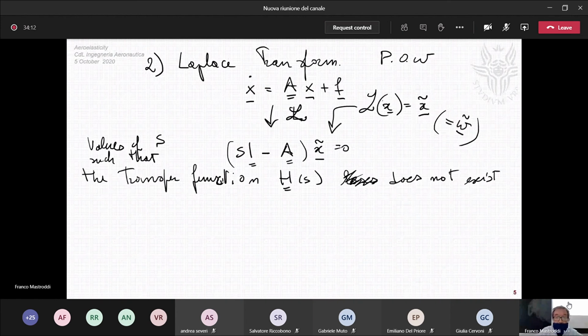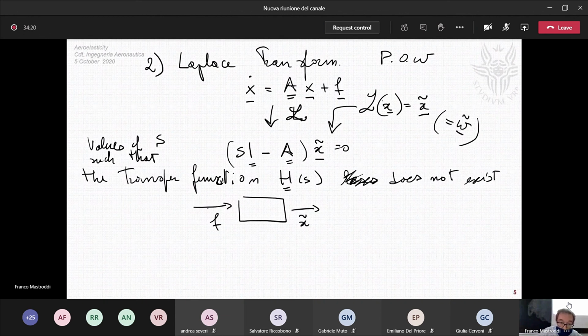If you consider an input and an output, H is the function such that the output is equal to H applied to the input.